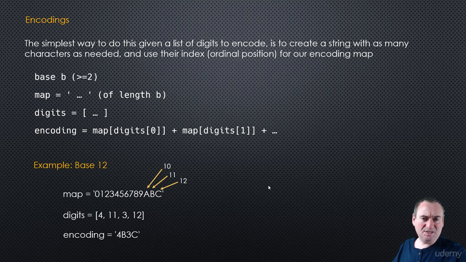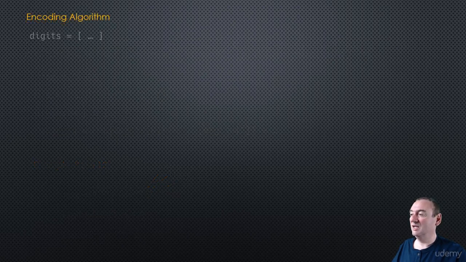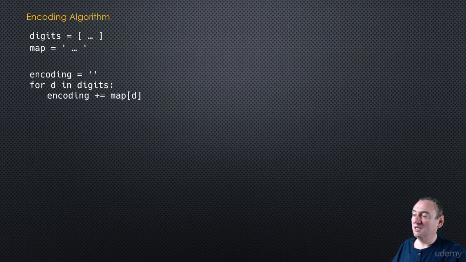So that's going to be the simplest way to create an encoding scheme. So let's look at it. We have our digits, we have our map. We start with an empty encoding string, and then we loop through all the digits in digits, right?